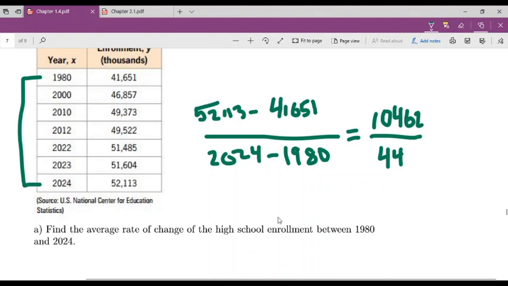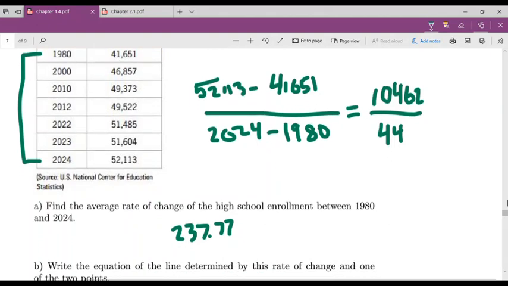So that if you simplify that and divide it by 44, you should, I believe, wind up with 237.77. And if you believe I'm wrong, please let me know so that I can correct it for everybody else. But I think I'm right.